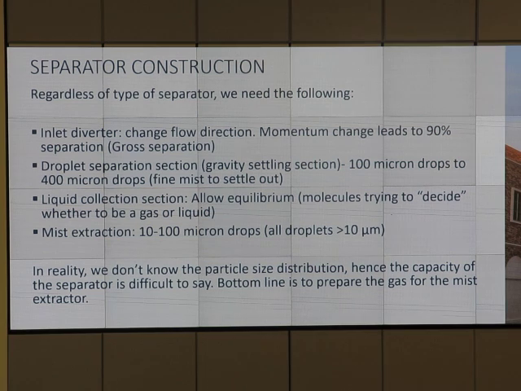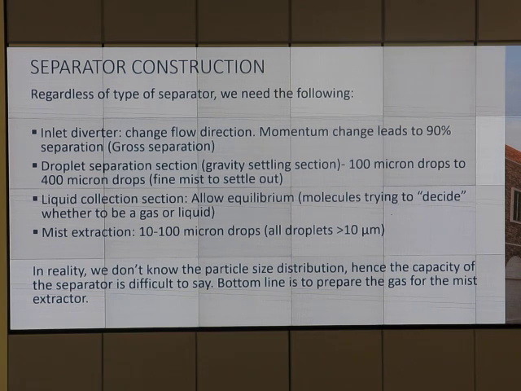The liquid collection section allows equilibrium, so we should have enough time for any gas that stays in the liquid phase to come out, okay? And we have a mist extractor to extract 10 to 100 micron.